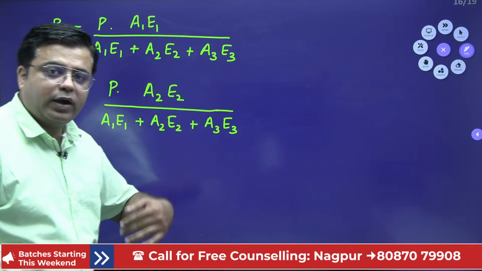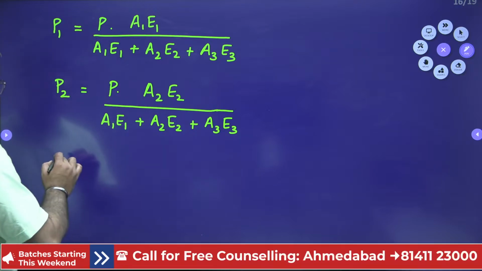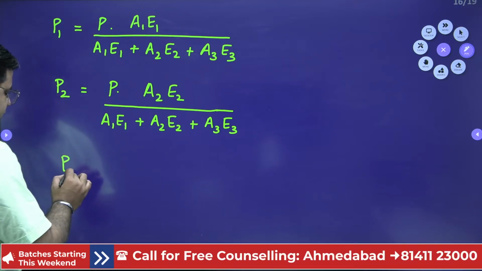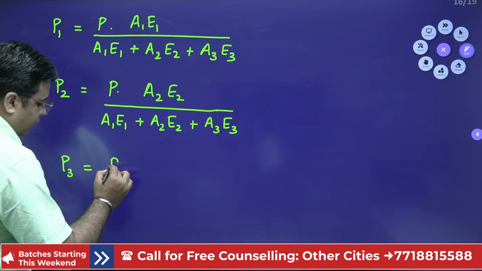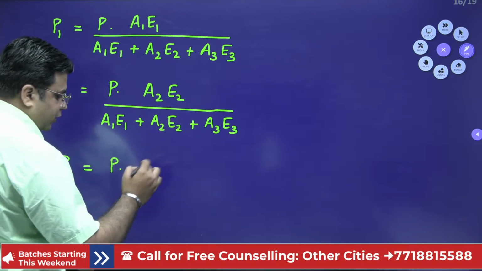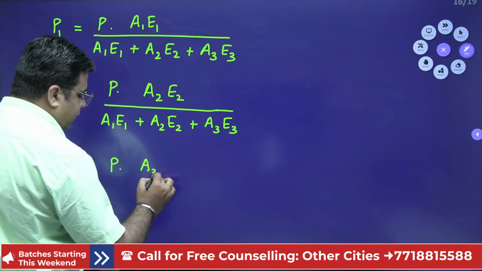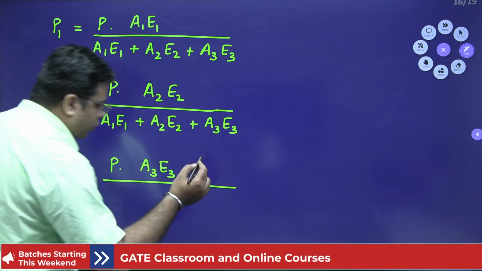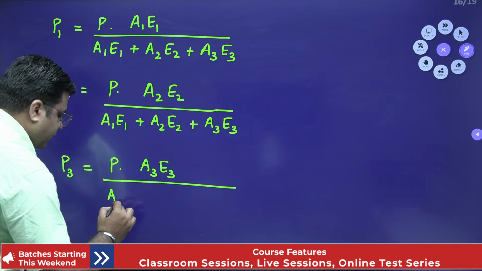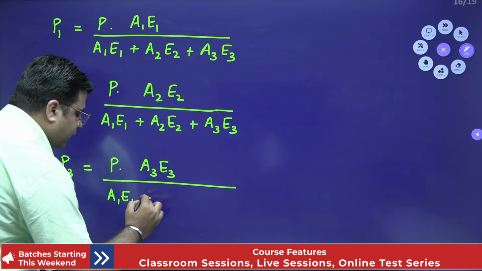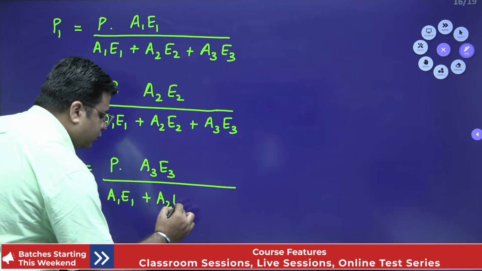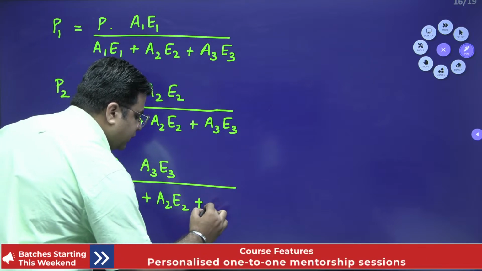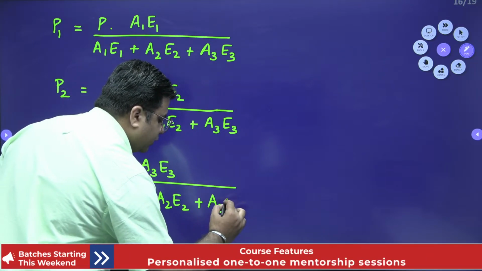Lastly, if you have to write P3, so P3 is again load P into the axial rigidity of the third member, that is A3 E3, divided by the total axial rigidity, that is A1 E1 plus A2 E2 plus A3 E3.